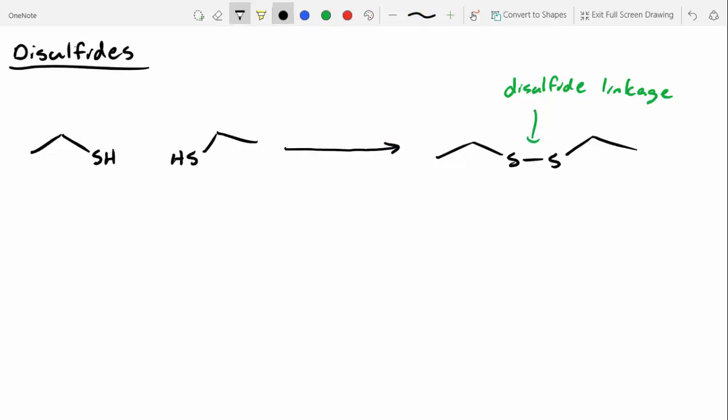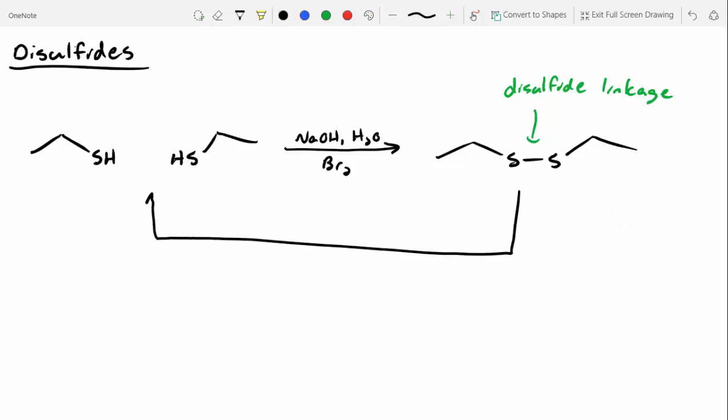If we want to do this synthetically outside of a cell, we can just add in sodium hydroxide, water, and bromine. I'm not going to go over the mechanism, but it's a nice way of making sulfides. So this is our oxidation reaction. And if we want to go the reverse direction, from a disulfide back to our thiols, we can do this by using HCl and zinc.